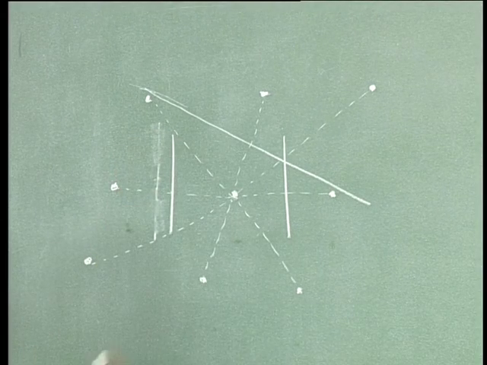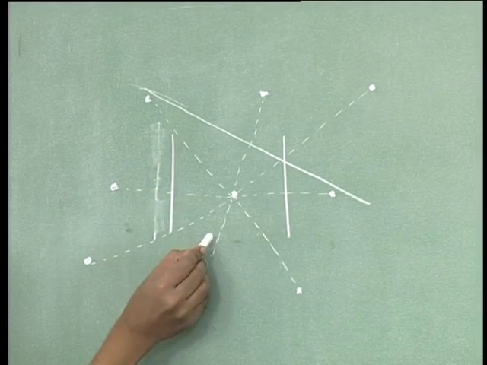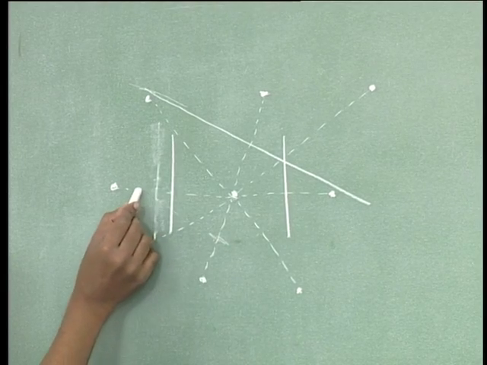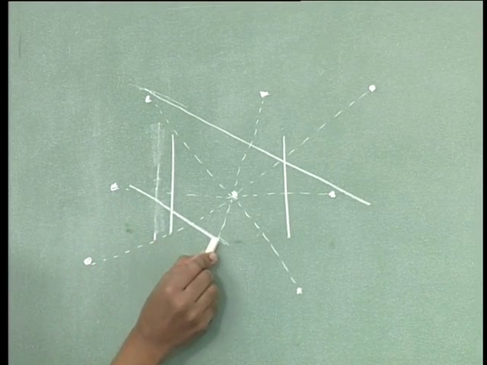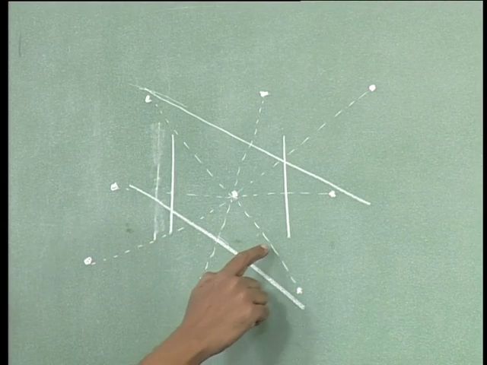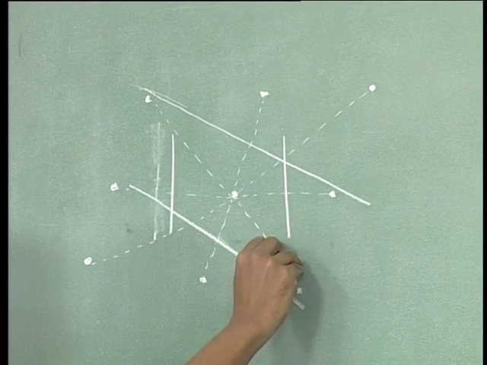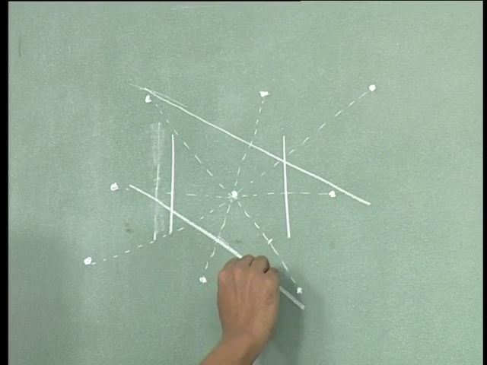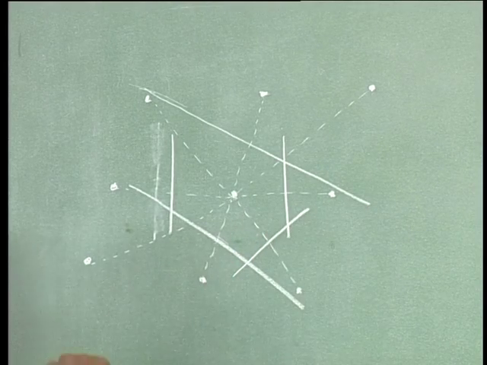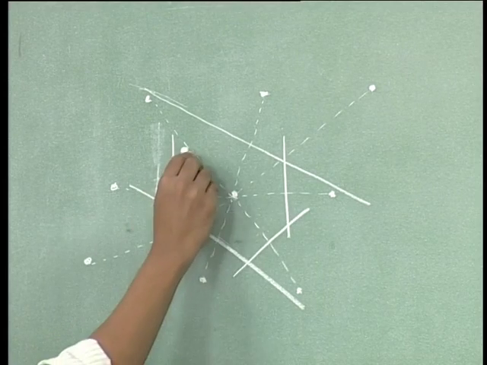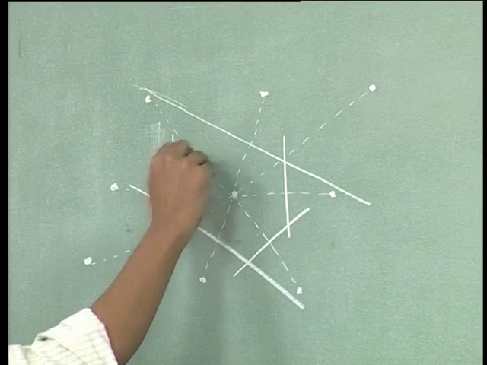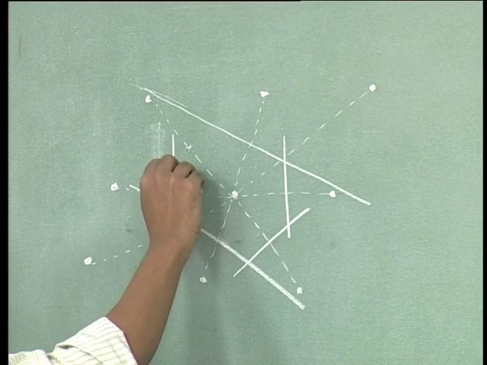Would look like that. Perpendicular bisector of this line would look something like that. Perpendicular bisector of this would be like that, and similarly perpendicular bisector of this is somewhere here and would look something like that.